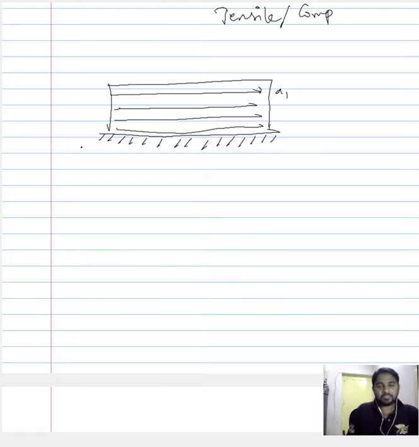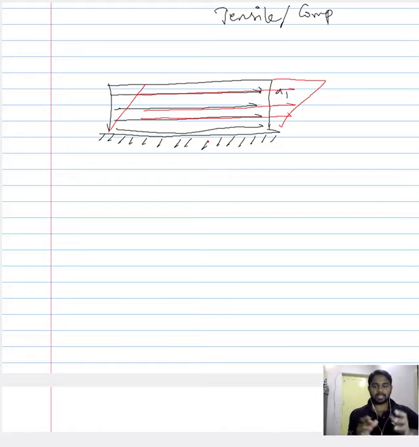Now in case of the shear stress or the shear deformation, when your material deforms like this, the size of the horizontal elements remains unchanged. So when you consider a horizontal element in a material and you impose tensile or compression loading, the size of this horizontal element changes, but in case of shear loading, the size of the horizontal element will not change.